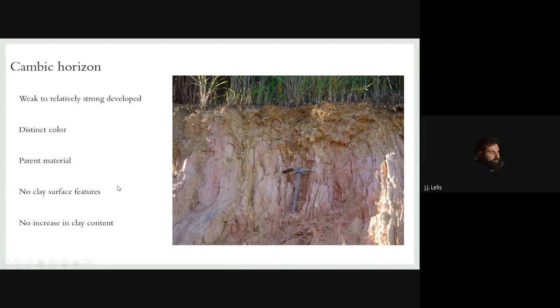The cambic horizon does not possess any kind of clay surface features, so no shiny surfaces, and it also does not present any kind of substantial clay increase. Okay, so the clay content, of course, could increase. It's not a high increase, it's not a substantial increase.